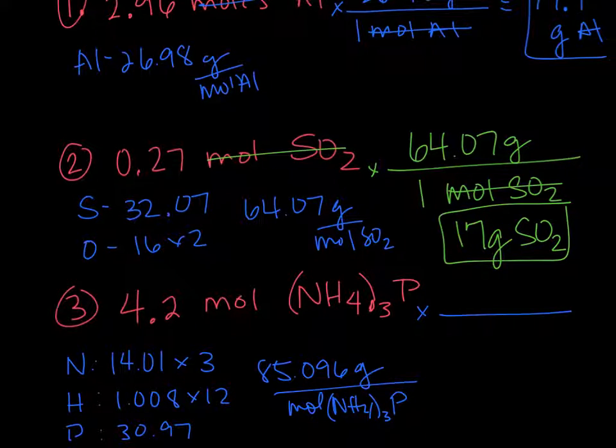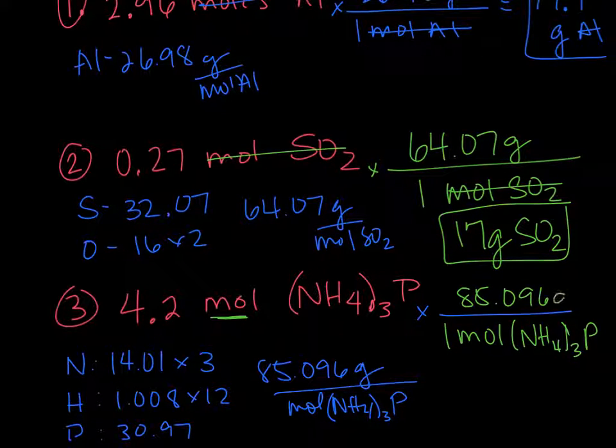So I've got moles, I want grams. I know I have to use molar mass, so I'm going to put moles on the bottom to cancel out moles on the top right here. So 1 mole of (NH4)3P is equal to 85.096 grams.